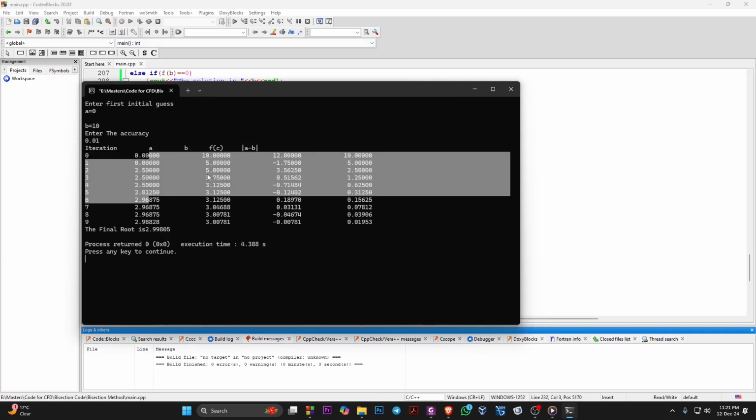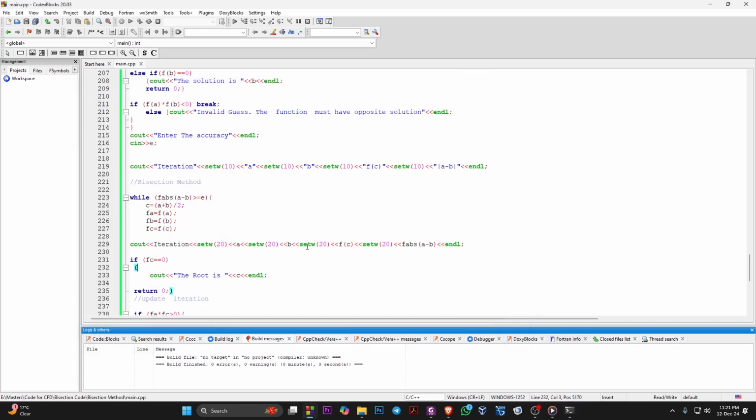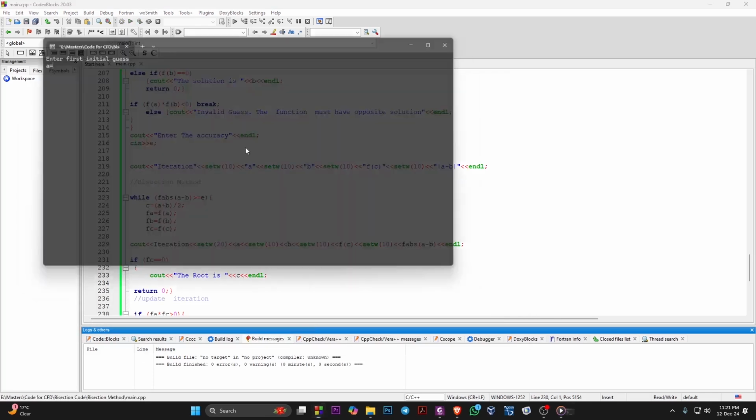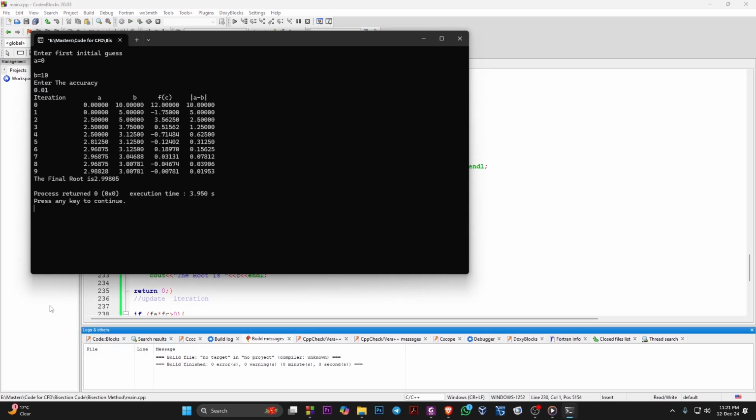And this is our a value, this is our b value. Zero, 10, 0.01 my accuracy.